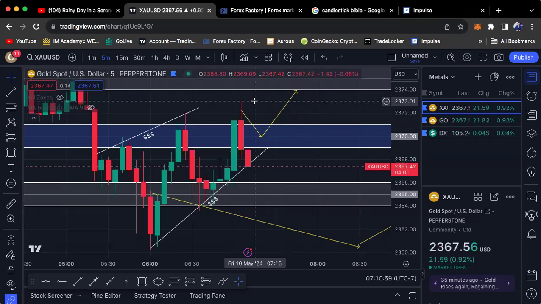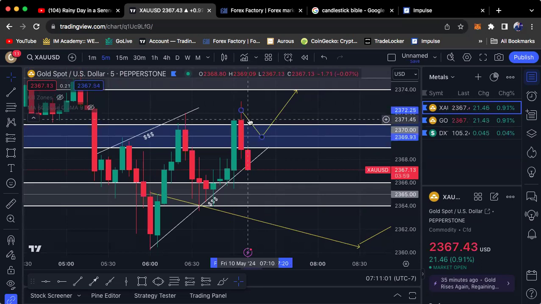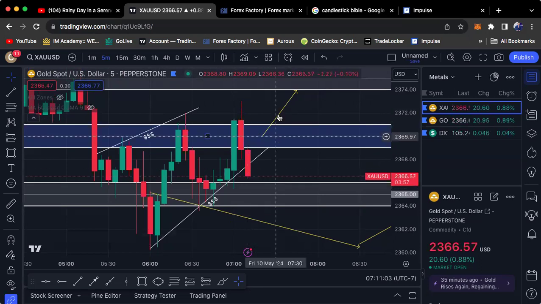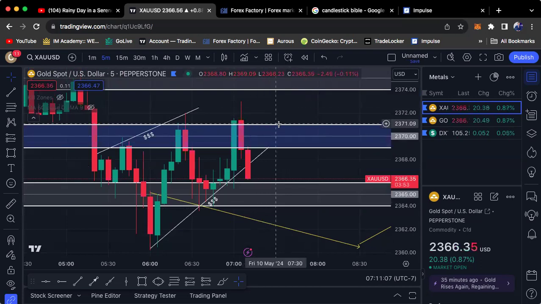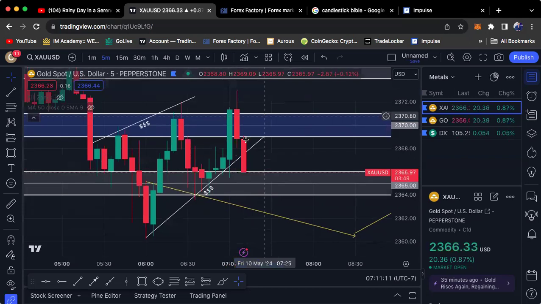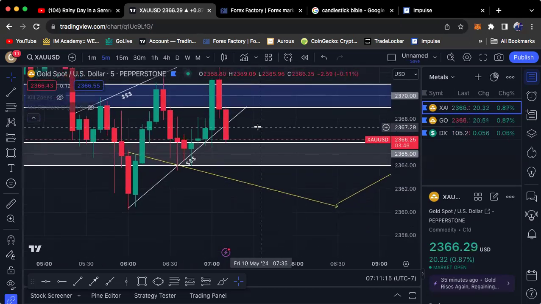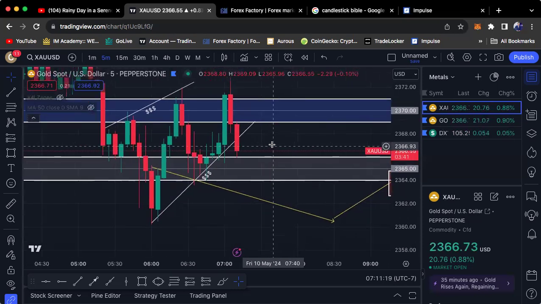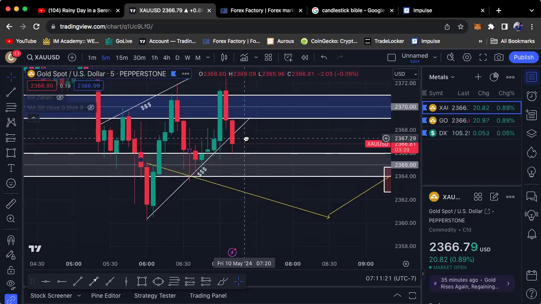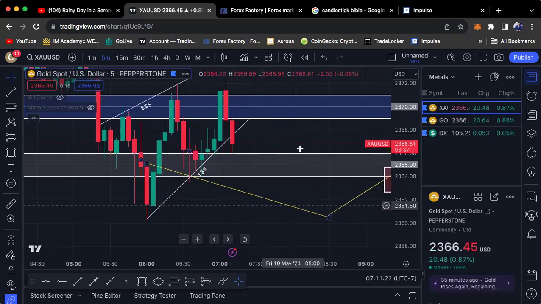Yeah, so this buy trade is invalid. Price is liquidating these buyers now. Sellers are pushing price down. Wait for this break of structure to happen.